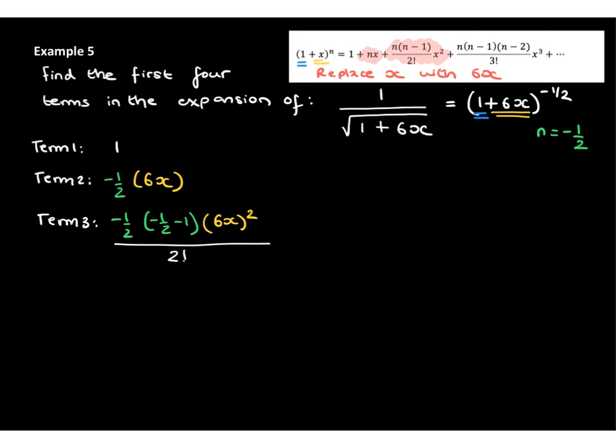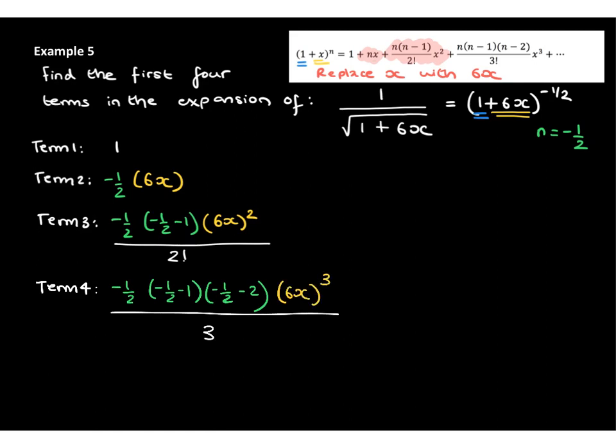Now, term 4. Let's work that out. So that's n, n minus 1, n minus 2, x cubed, all over 3 factorial. So again, what have I done? I've substituted into this part of the expansion.